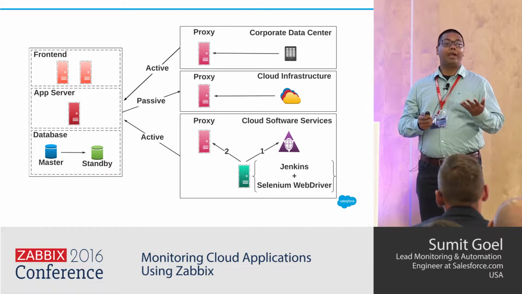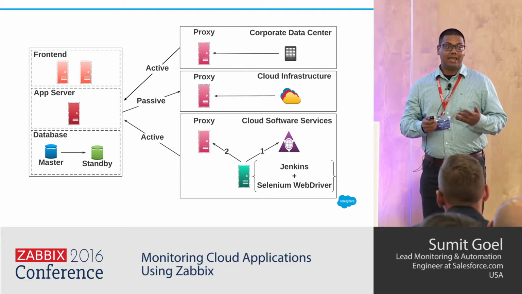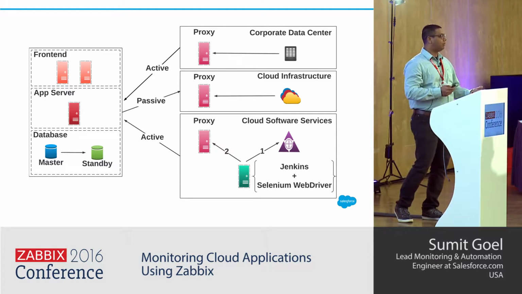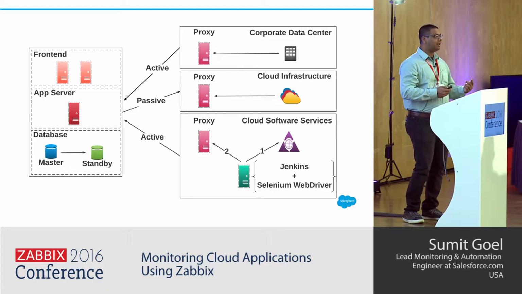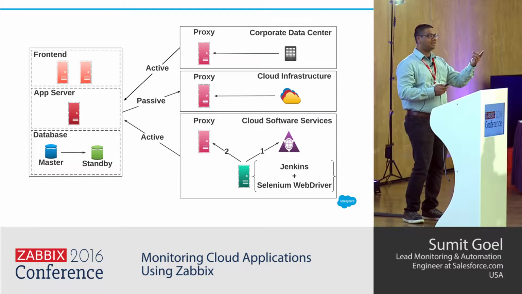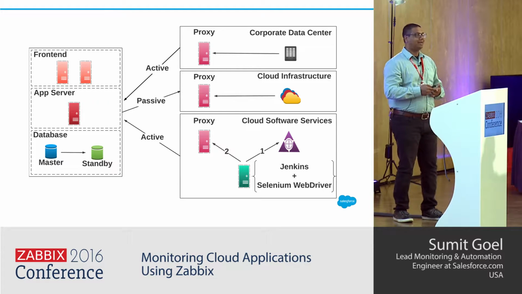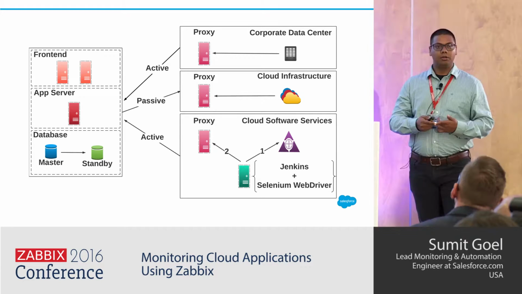That's a primary way to interact with an application. And if we can monitor the primary way they interact with the application, that's the availability. For us, availability is not pinging a server or the website being accessible. Even if the website is returning 200 OK, if a user cannot use the website, it means it's not available.